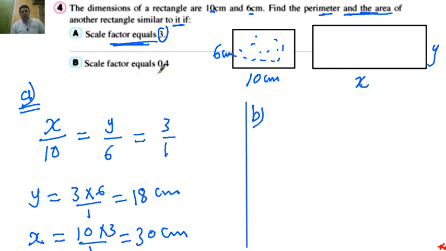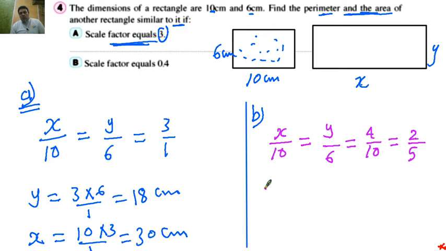The scale factor is 0.4. We use the same relation: x over 10 equals y over 6 equals 0.4, or 4 over 10, which reduces to 2 over 5.